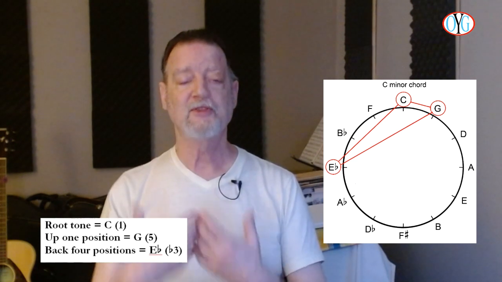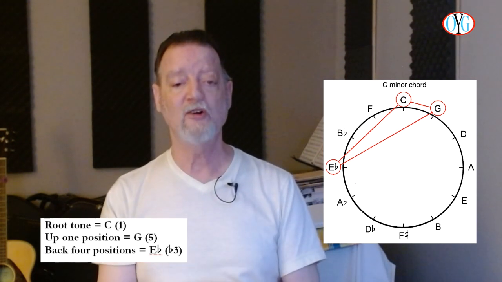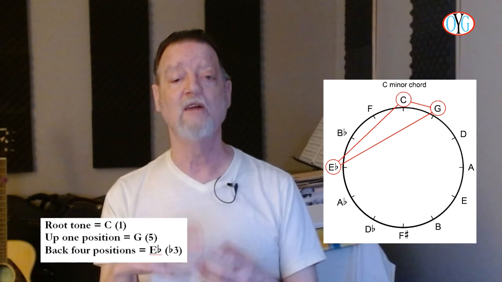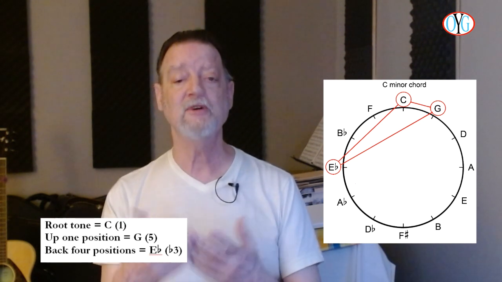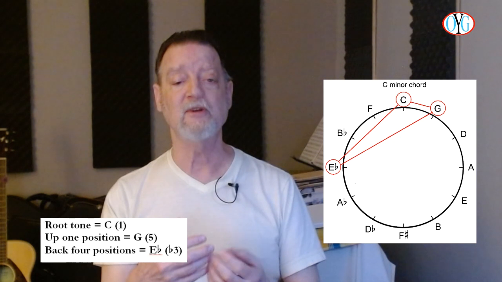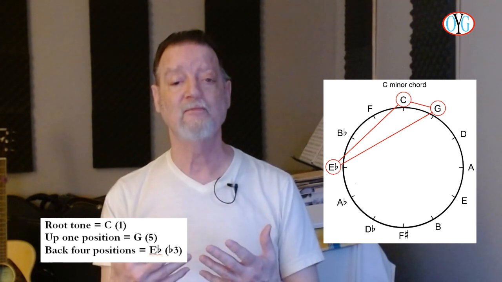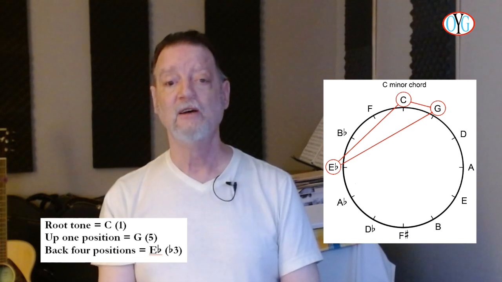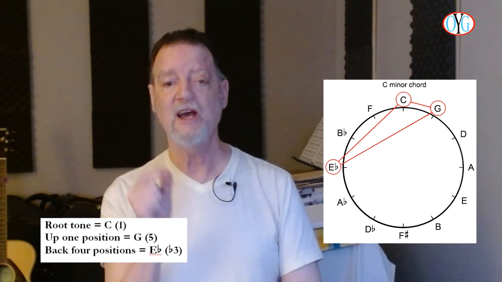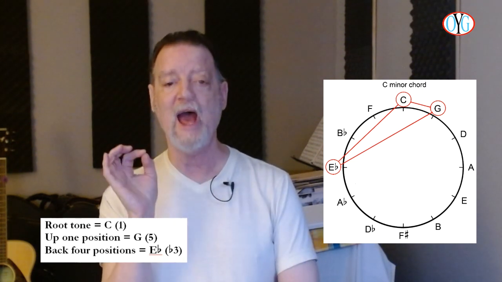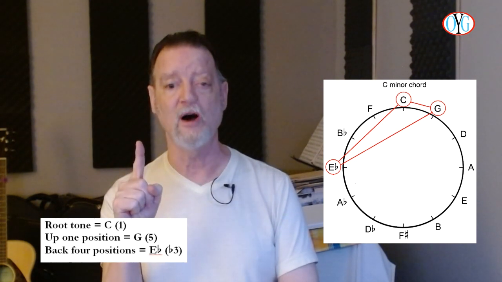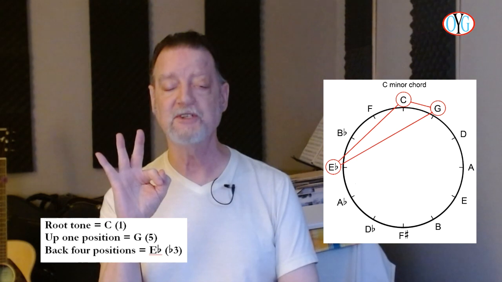Remember, the 3 tone determines the major or the minor state of a chord. A natural 3 is major, a flat 3 is minor. So let's look at it using the scale. You can take the C major scale and start playing with C, that's your key tone, 1, go up to 3, which is E, but E isn't part of the C minor chord.